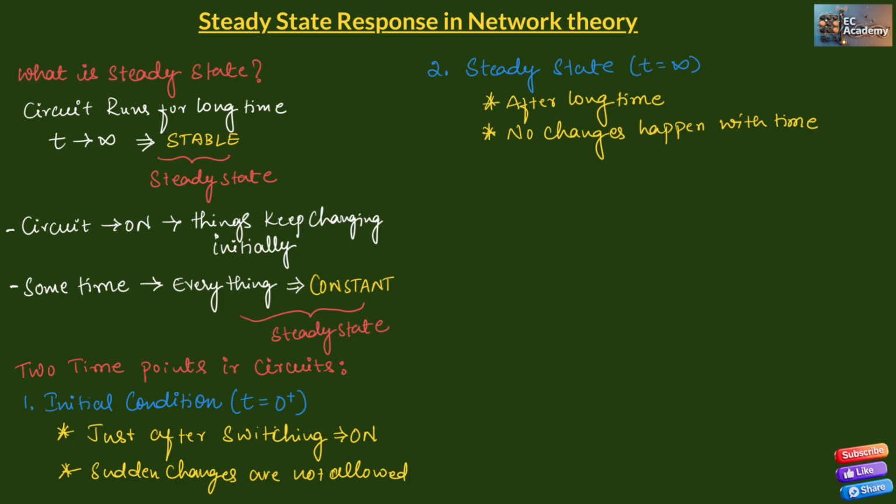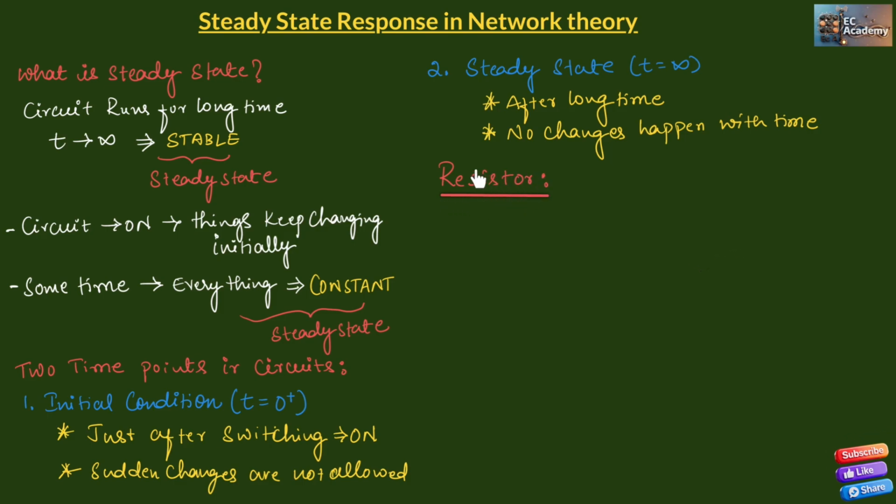So to fully understand the circuit, we must know the initial condition, which is what happens at the beginning at t is equal to 0 plus, and steady state, which means what happens at the end at t is equal to infinity. Now let us understand the concept of steady state for a resistor.